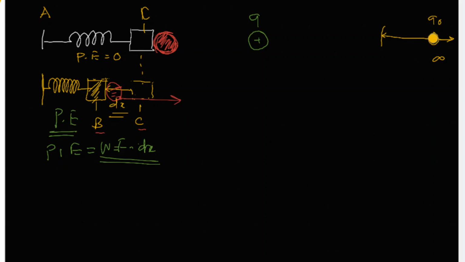When I bring this charge from infinity to position B, where A is the source position, some work has to be done, which is force into displacement, and that work done is converted into the potential energy.